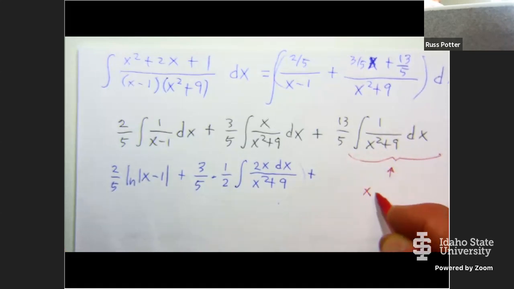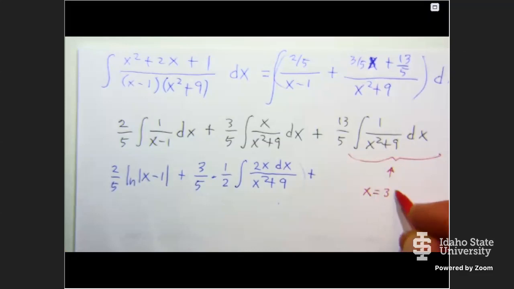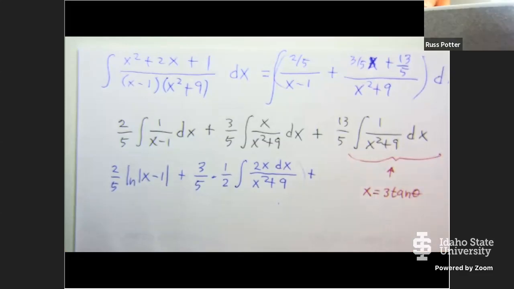So let's let x be equal to 3 times tangent of theta, which means dx will be 3 times secant of theta squared d theta. So we'll keep that in mind.